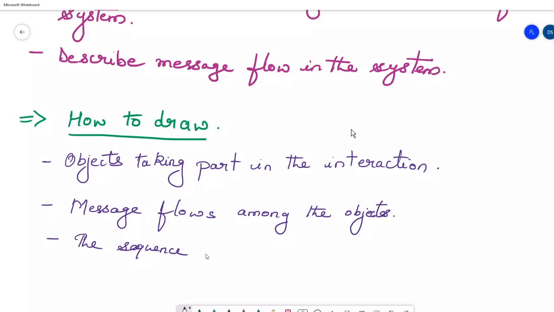The same situation can be drawn like this: teacher, student, and the student asks some doubt or question, and the teacher answers it. So this is a very simple example of interaction between two objects.